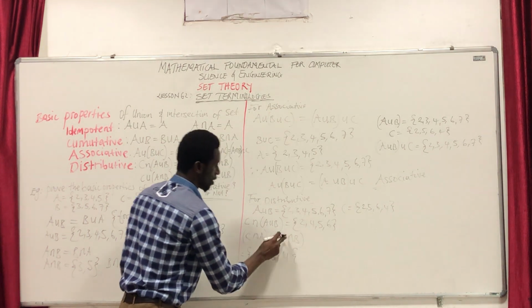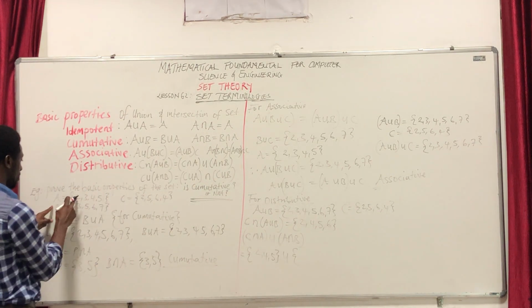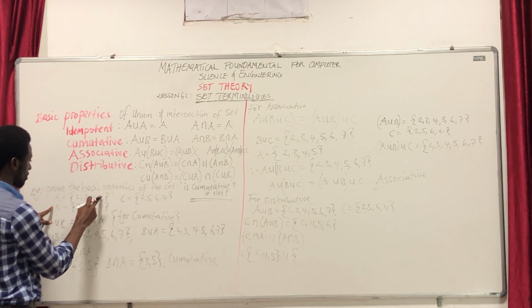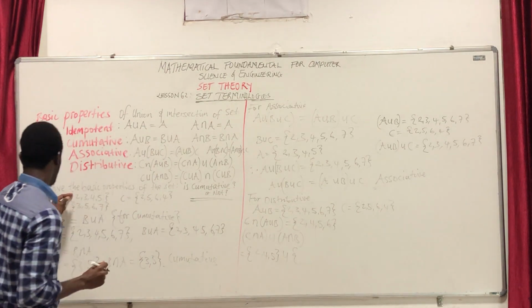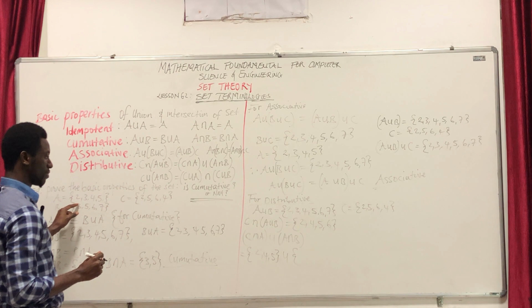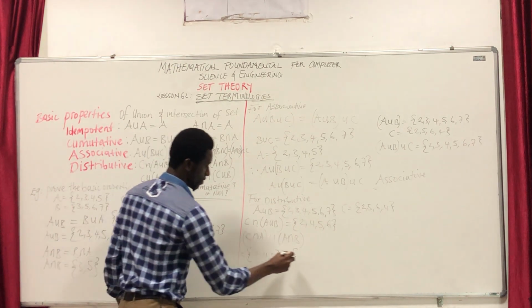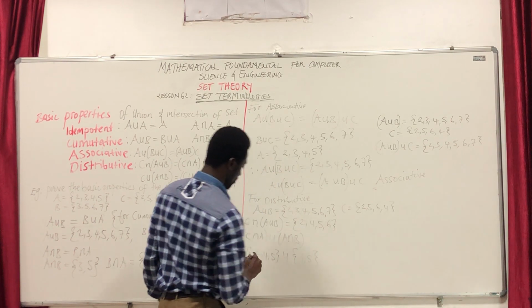Union A and B. A and B, the common elements are 3 and 5. Okay.